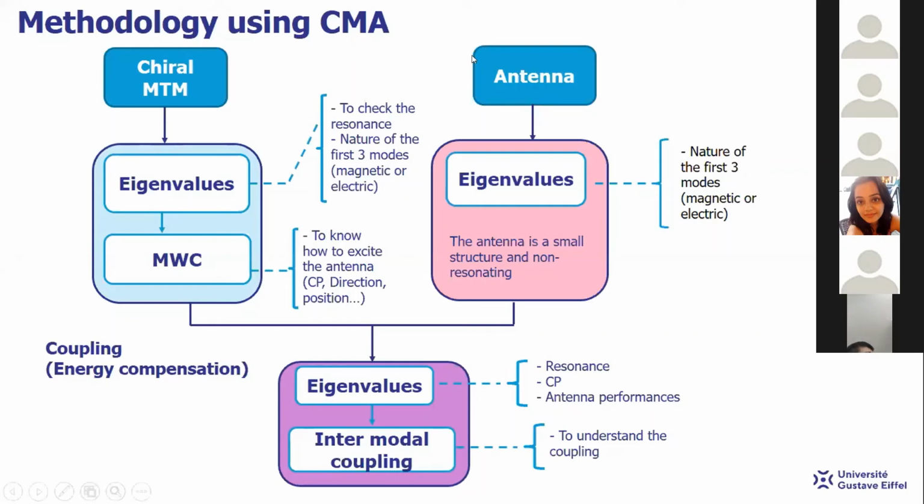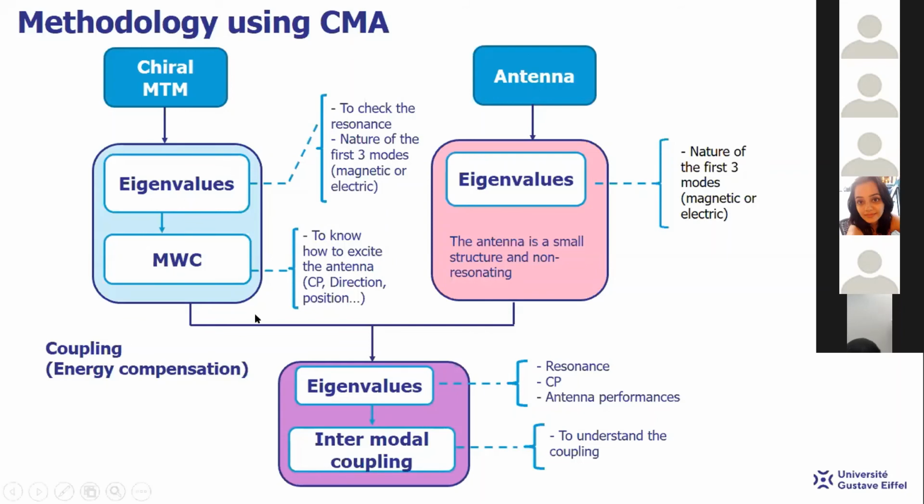On the other hand, for the antenna alone, I would like to mention that this antenna that we will use is not a resonating antenna. So for the metrics given, we are interested just in the eigenvalues, so we can know whether the first three modes are electric or magnetic modes. And after analyzing the modal significance coefficient, and knowing the best position and direction to excite the chiral metamaterial, we can place the antenna at the chiral metamaterial.